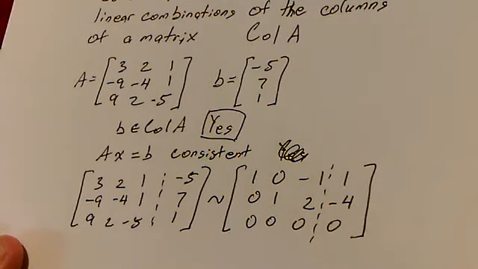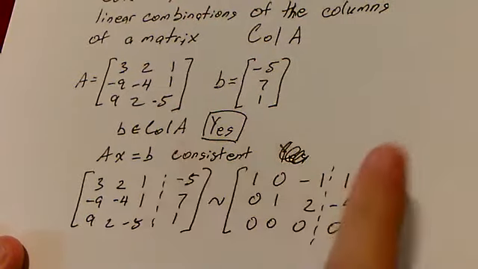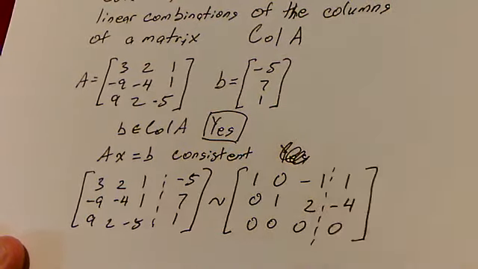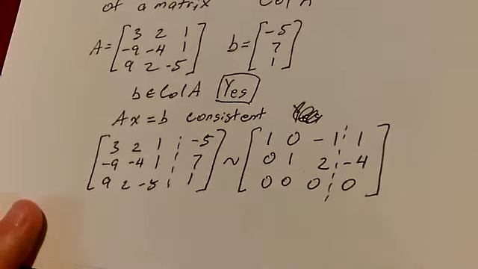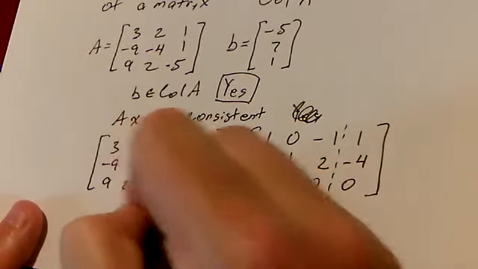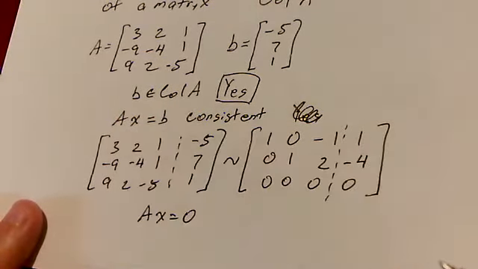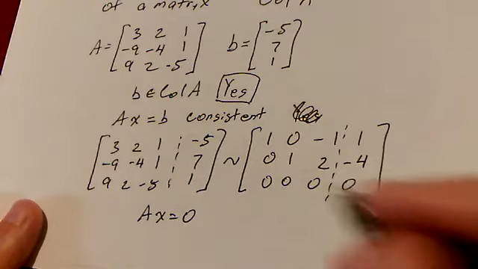Okay? But as I look at the column space, or as I look at the columns of A, don't worry about the augmented column right now. We know the row reduction would be the same for each one. So notice here that if this were homogeneous, if I go to AX equals 0, I would write a solution set.